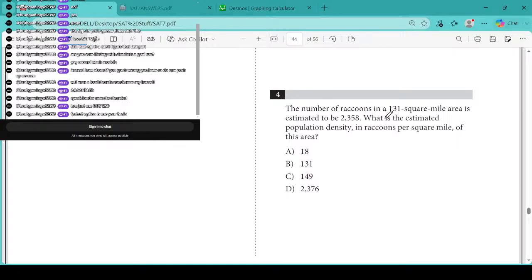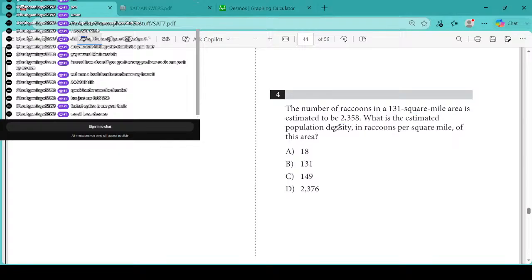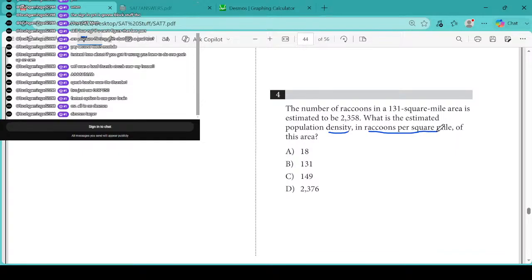And this is simple division because they give you the square mile area and the number of raccoons, and they want density in raccoons per square mile. If you don't know what density is, you can look at what they measure it in and understand it from that.